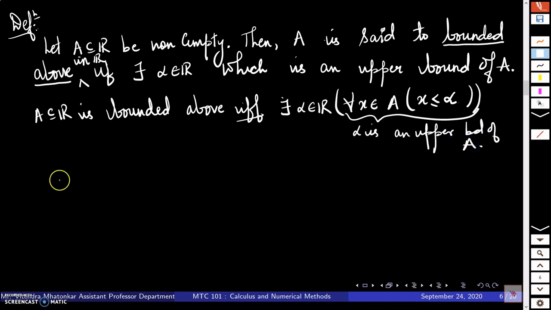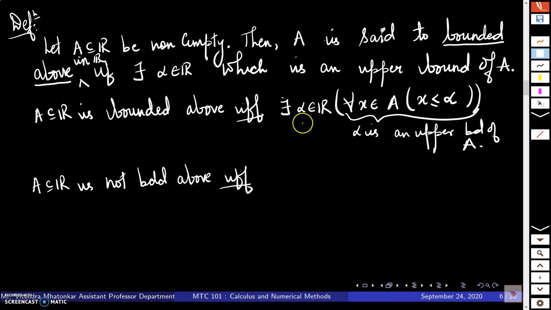So when we say that the subset A of R is not bounded above, for that you will simply have to negate this, and we have already seen how to negate statements using quantifiers. So this was the idea behind doing the first chapter statements which I had done for you all. So a subset A of R is not bounded above if and only if, let's negate this, no matter what real number alpha you take, for every alpha in R, you will be able to find one point in A which is bigger than alpha.